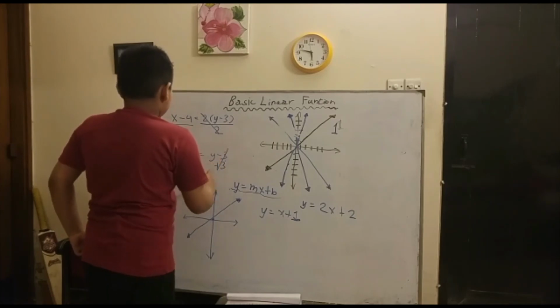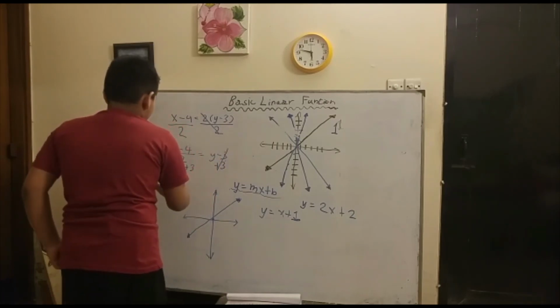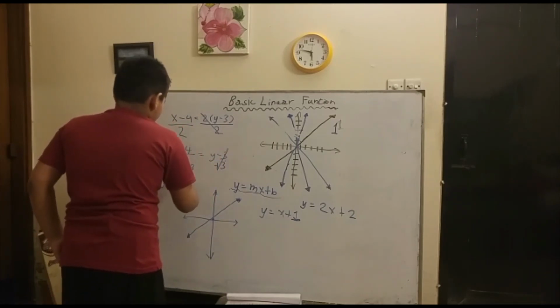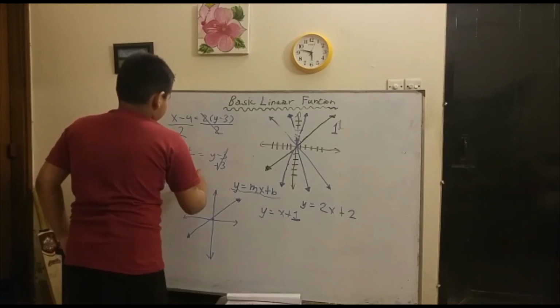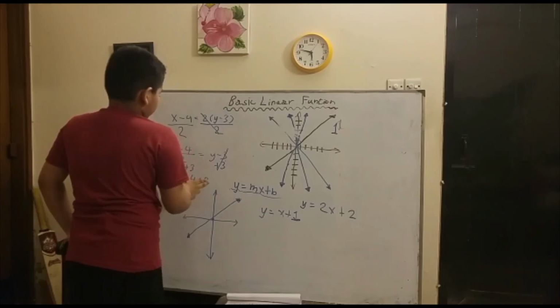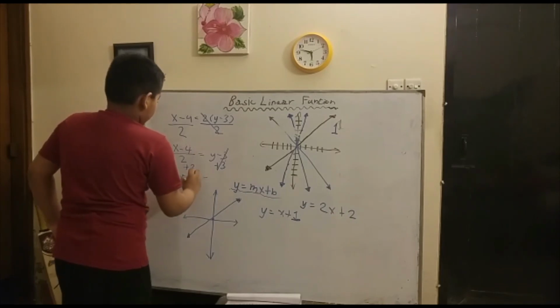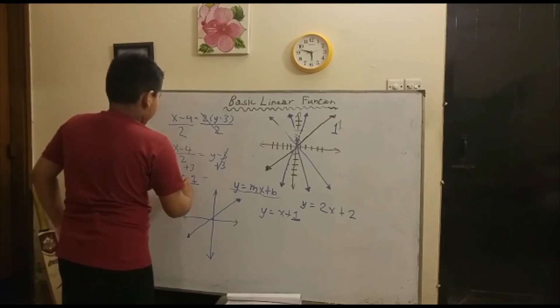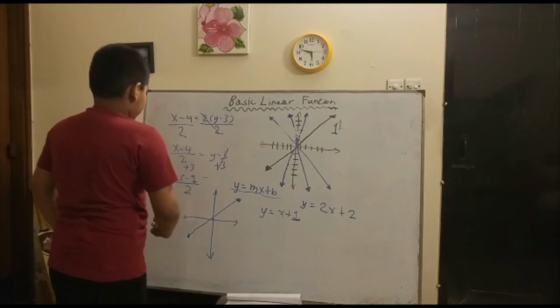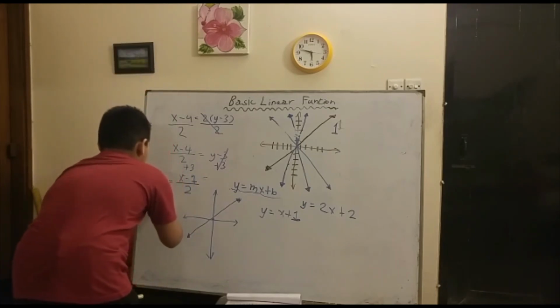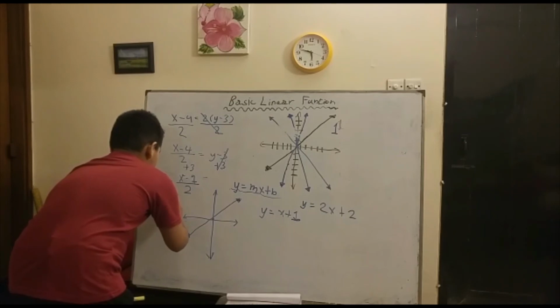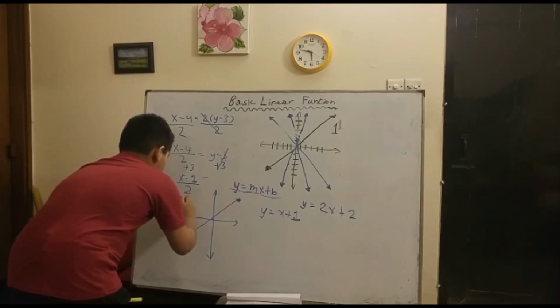So the 3 cancels, and then y equals x minus 4 over 2 plus 3, which could also be expressed as x minus 1 over 2, which can be expressed as y equals x over 2 minus 1 over 2.